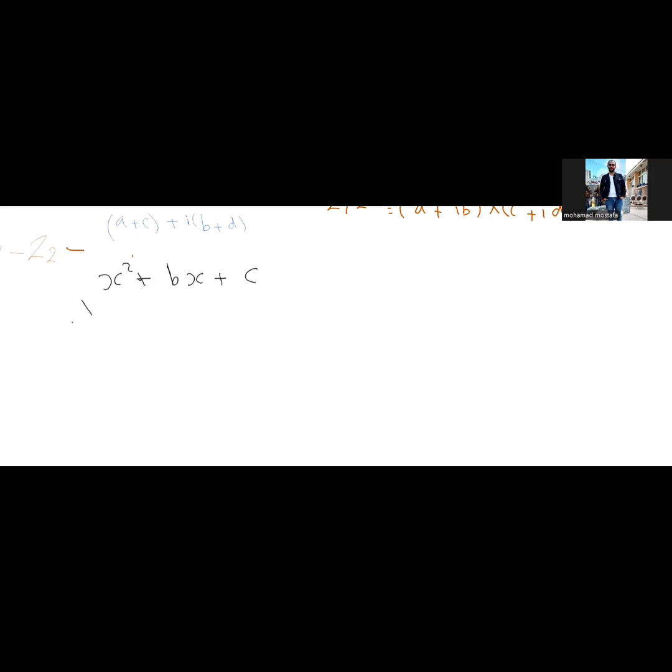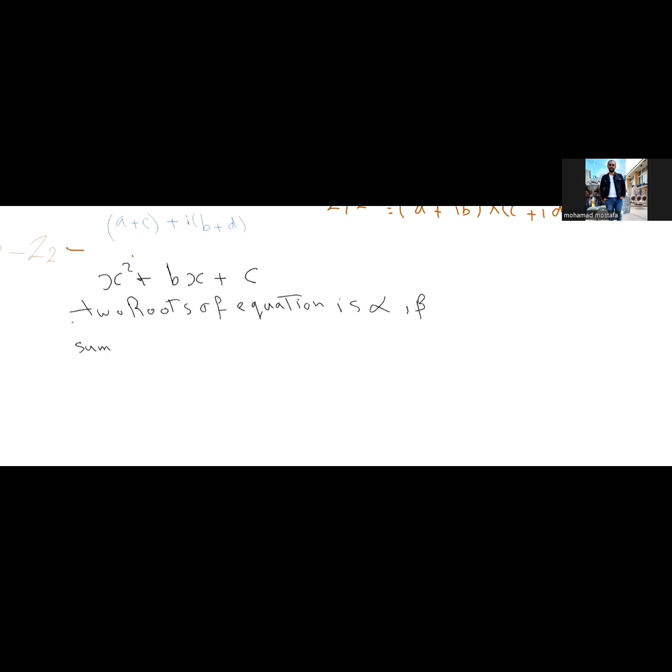Two roots of the equation are alpha and beta.